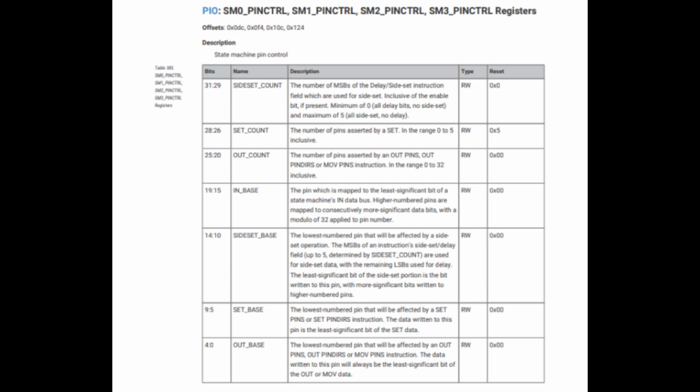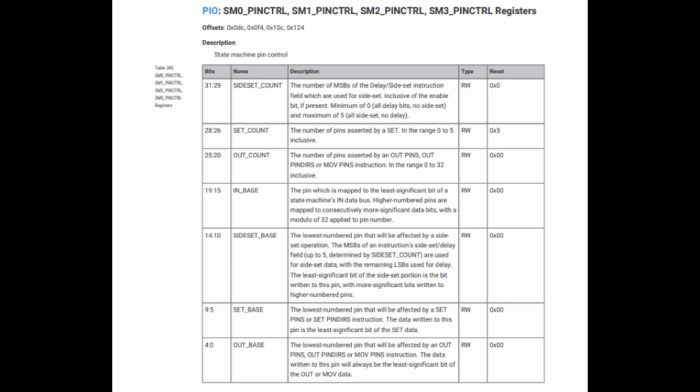As you can see from section 3.7, this register allows us to configure the in, out, set, and side set pins that will be used by state machine 0. There are identical registers for each of the other 7 state machines. Let me set up the configuration word for our program.